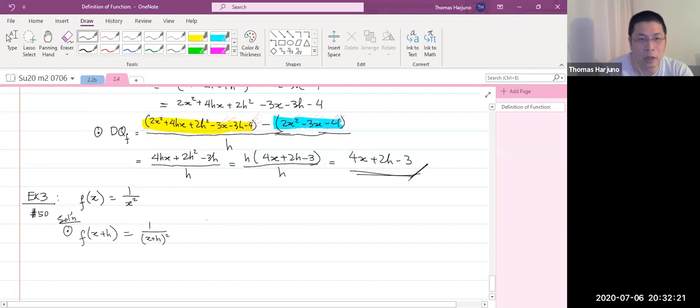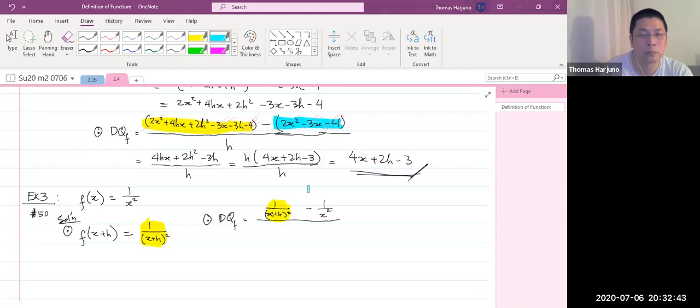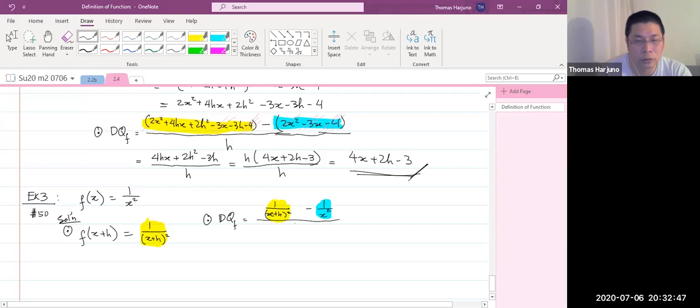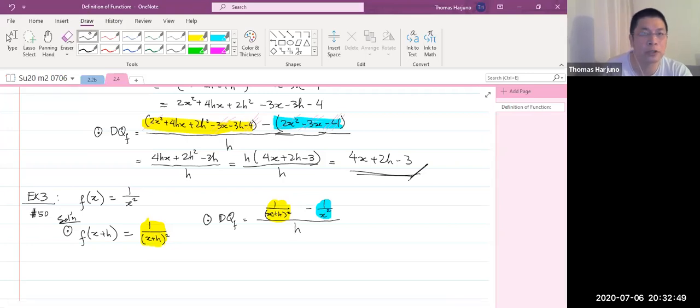The reason is because when I start working on the difference quotient of that function, on the top left, I have 1 over x plus h squared. On the top right, I get 1 over x squared, over h. Now, this is a complex fraction.